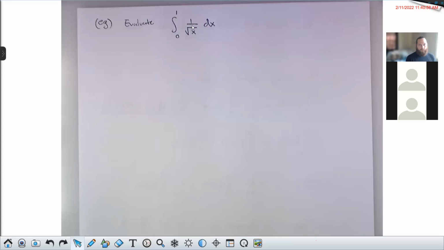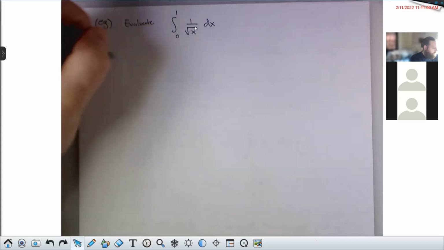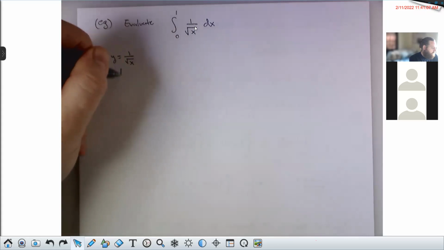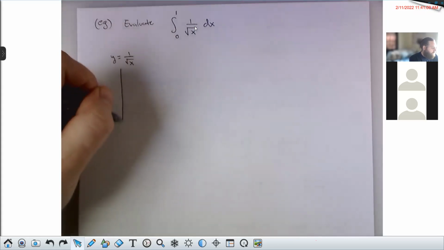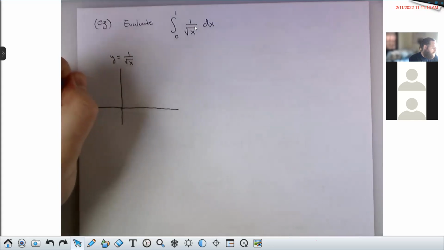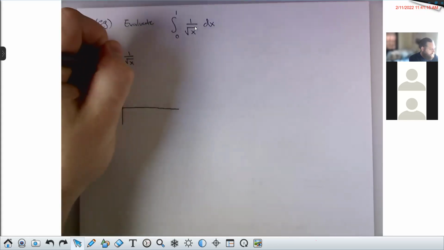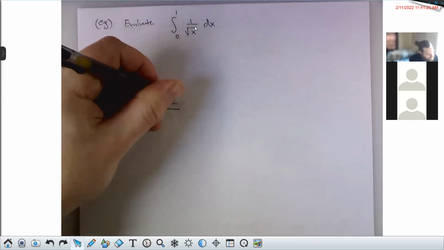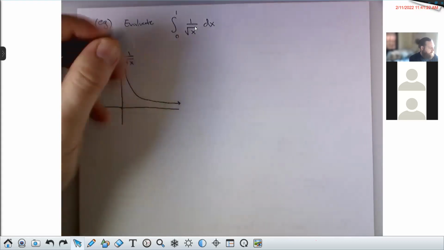In other words, there's a vertical asymptote. If we look at the graph, y equals 1 over the square root of x. That graph looks like this.